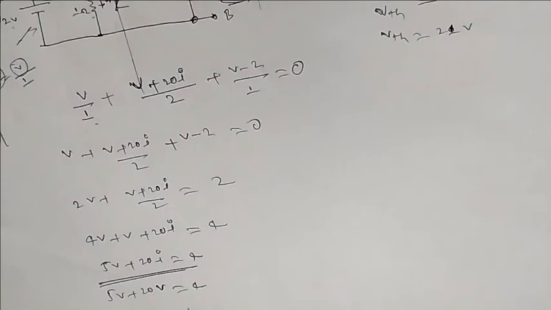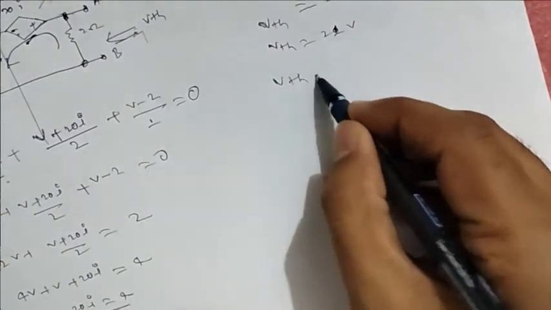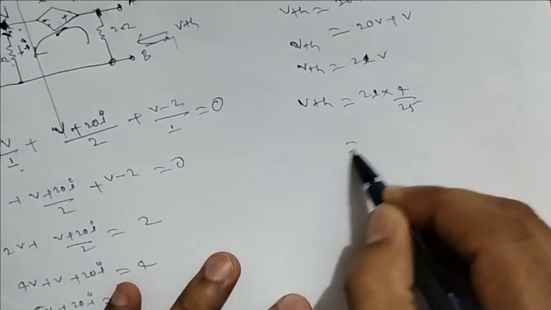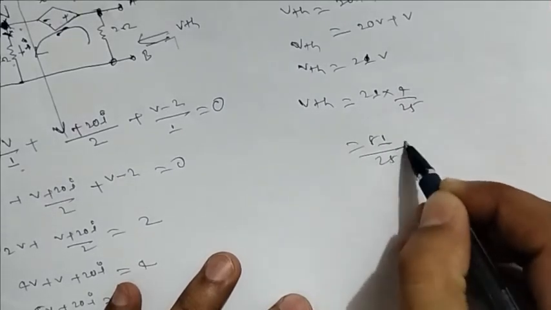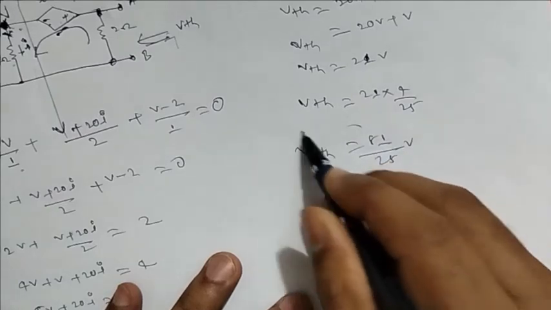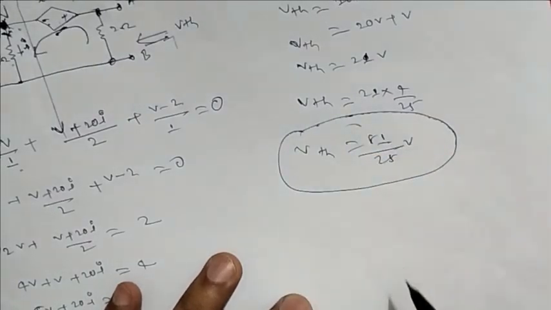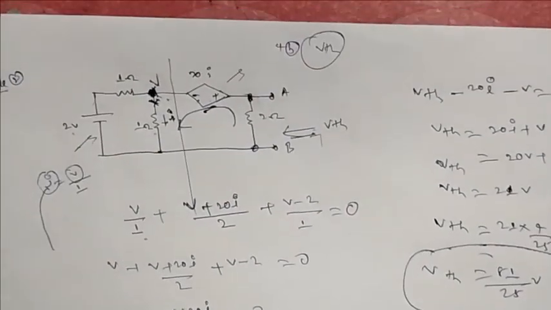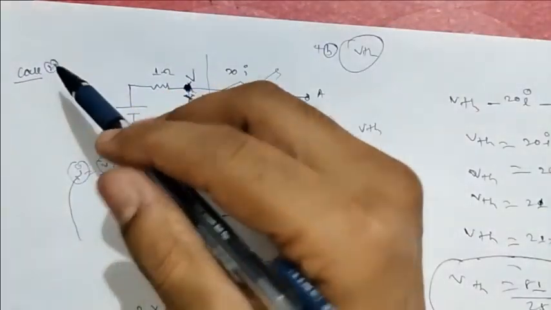Now what is this V? V is nothing but 4 by 25. Now VThevenin, 21 into 4 by 25, this is nothing but 84 by 25 volt. So this is the VThevenin of this circuit.